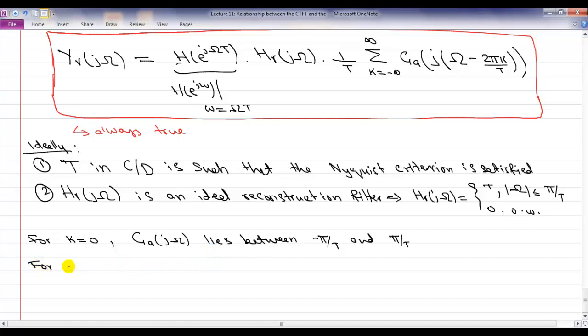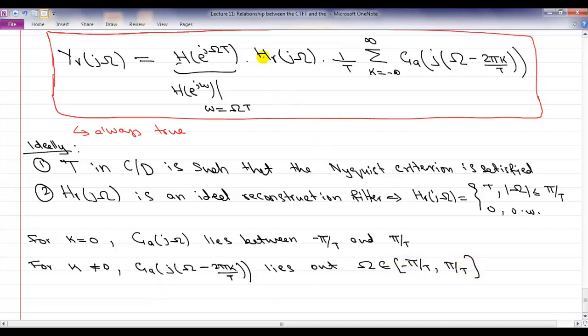And for k not equal to 0, G_A of j omega minus 2 pi k over T, those are the other copies that are now located at 2 pi over T, minus 2 pi over T and so forth. Those copies are outside the minus pi by T to pi by T range. So for k not equal to 0, these lie outside capital omega belonging to minus pi by T to pi by T.